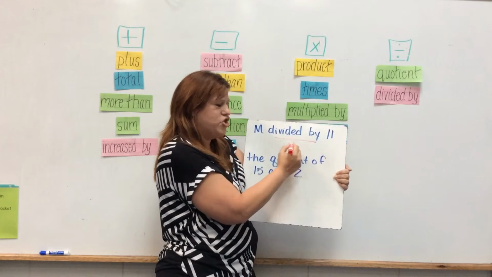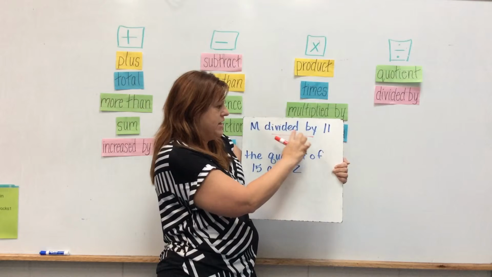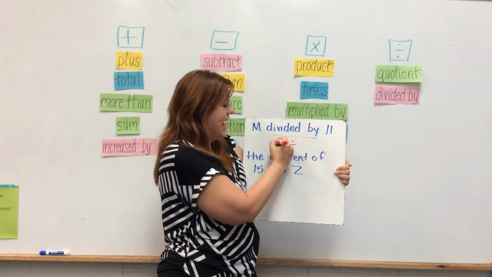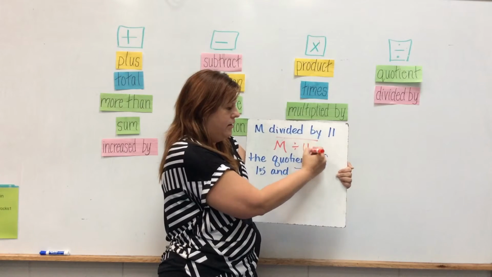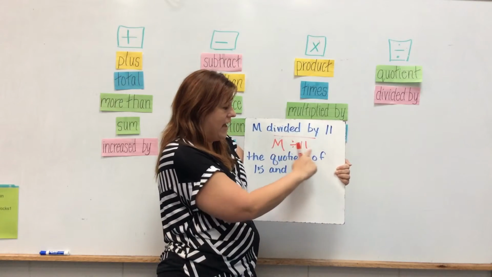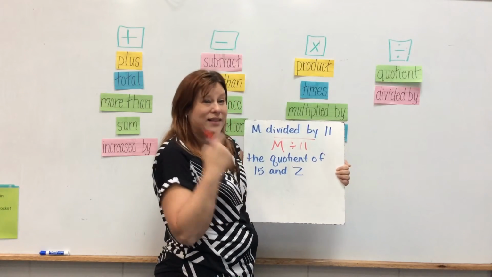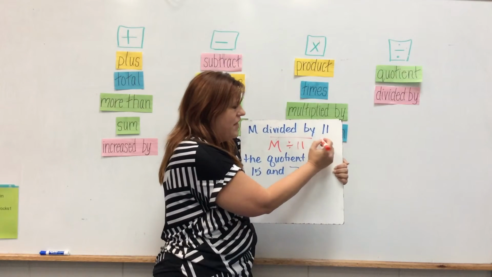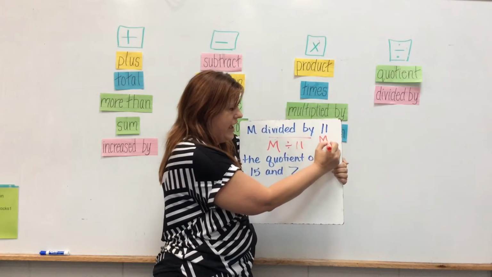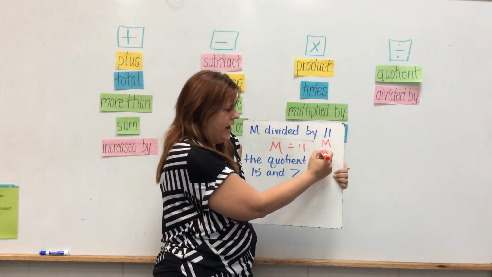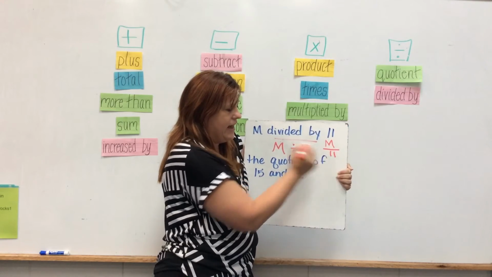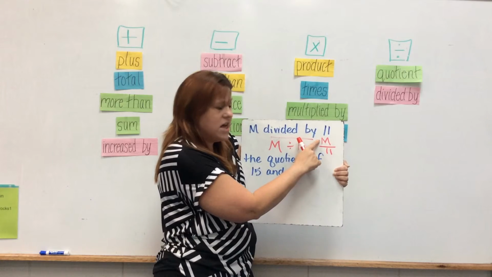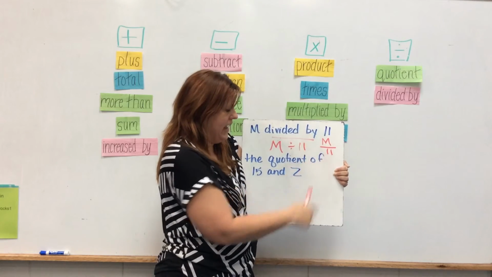And you're going to do this just like you would read it. M divided by 11. So that means that M has to come first and 11 comes second. So M divided by 11. If I want to write this like an algebra student would write it, then I'm going to write it like a fraction. Okay, so M would be my numerator and my line for division, and 11. So this still is another way to write M divided by 11.